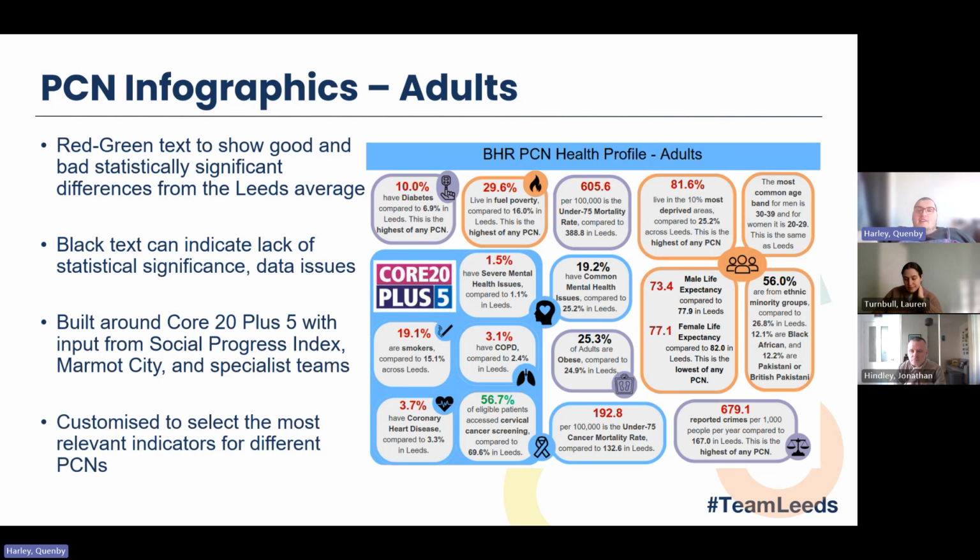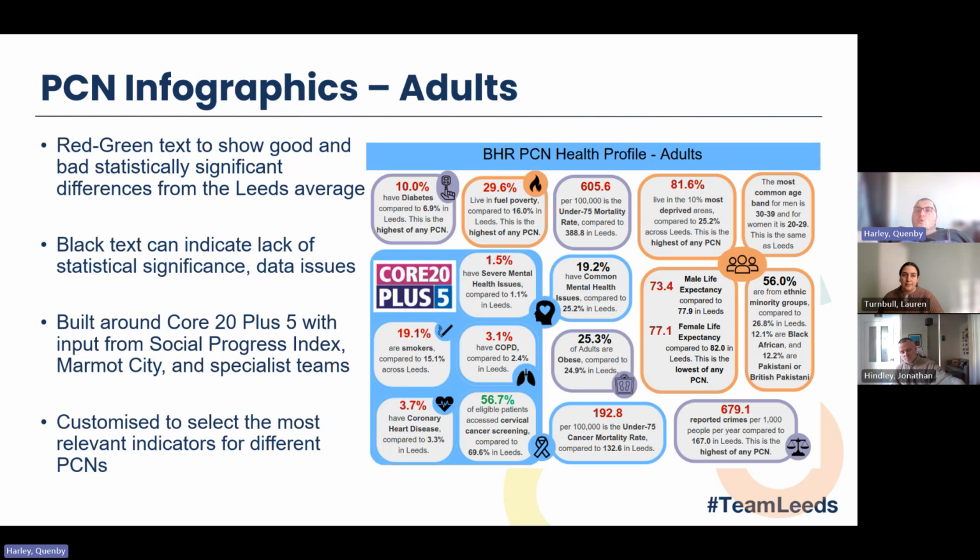So in this case, cervical cancer screening. That's actually wrong. Sorry. So the black text can either indicate there's a lack of statistical significance, there's an issue with the data, as is the case with the common mental health issues, which we believe has been underreported in some areas, or it can also indicate we don't want to make a qualitative judgment about it.